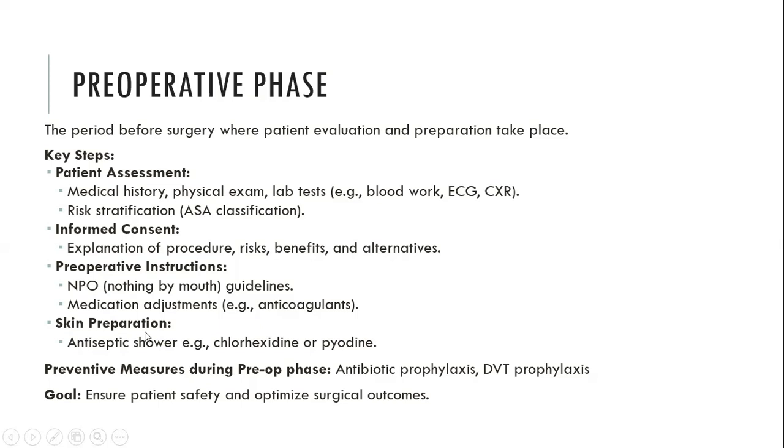The skin should be properly prepared with antiseptics like chlorhexidine and povidone-iodine. A few preventive measures are very important in the pre-op phase, like giving the patient antibiotic prophylaxis, and if the patient has any kind of DVT risk, you should give DVT prophylaxis. So overall, the goal of the preoperative phase is to ensure patient safety and optimize surgical outcomes.